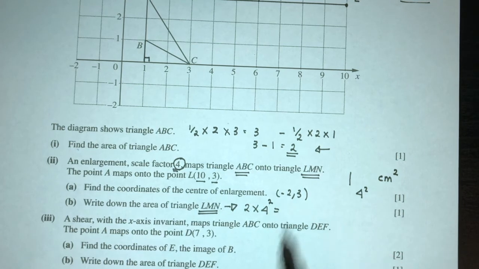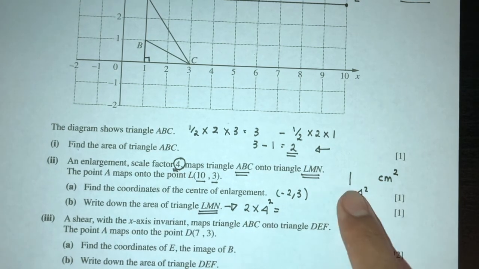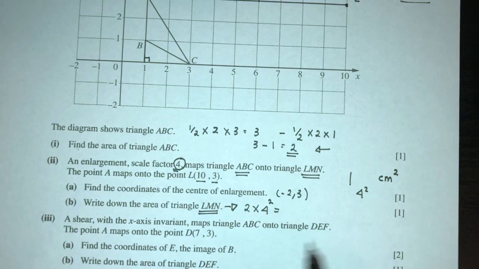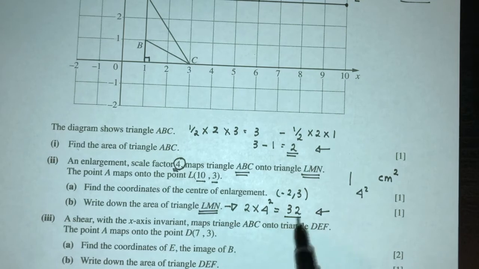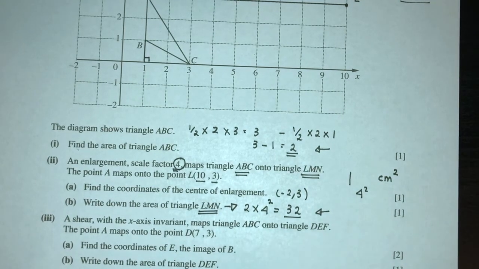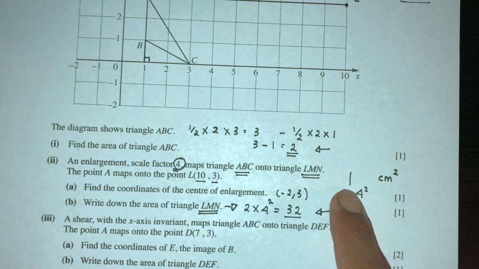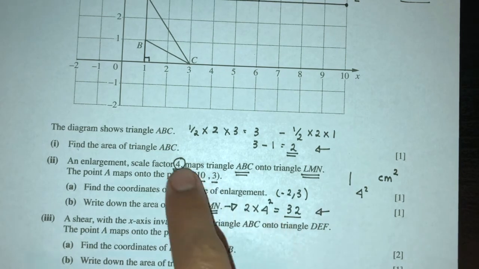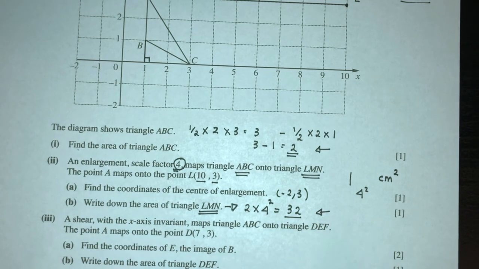Sorry for the confusion. 4 is the side, but the area will be square. So 2 times 4 square will be 32, the new area of the triangle LMN. Sorry about that. The final answer will be, because the side will be increased by 4 times, but the area will be increased by 4 square times for enlargement.